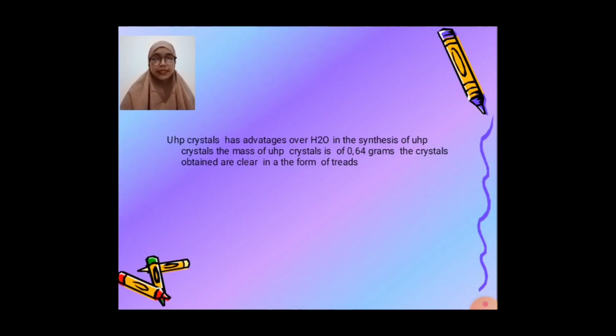UHP crystal has an advantage over H2O2 in the synthesis of UHP crystal. The mass of the UHP crystal is 0.64 grams. The crystals obtained are clear, in the form of threads.